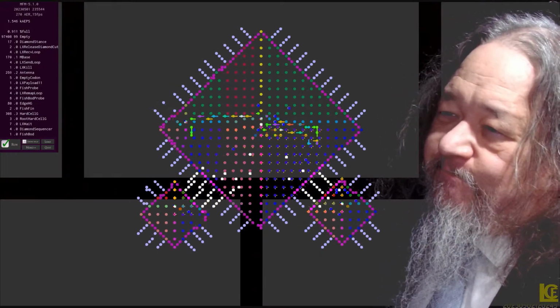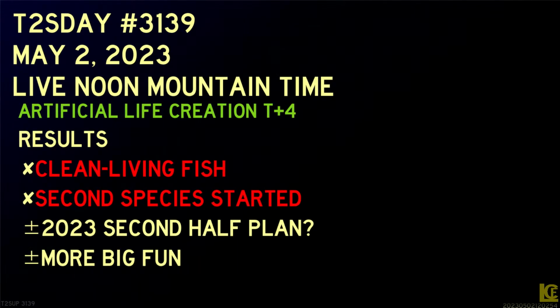And again, I don't know why I'm having so much trouble with my buttons. I did not look into them. Okay, so where were we supposed to be today? We were supposed to have clean living fish. Well, they're kind of clean only because they don't do much stuff. Second species started? No way, not even close.